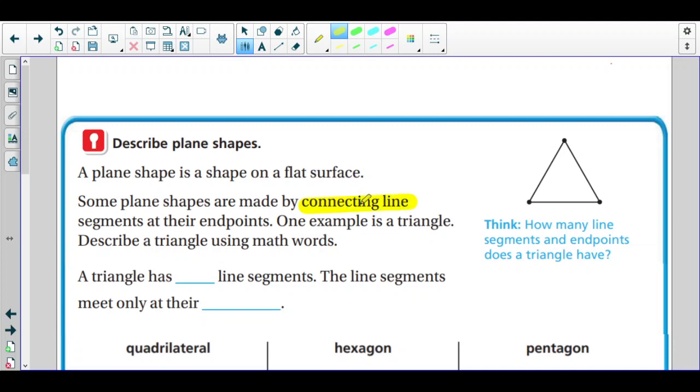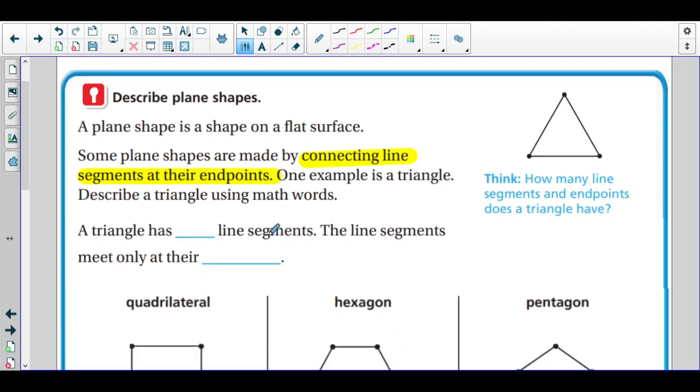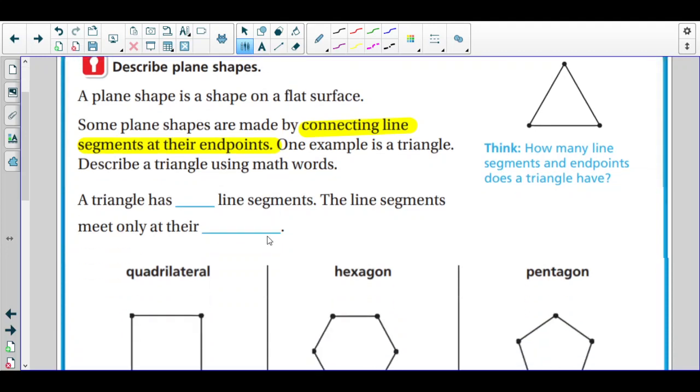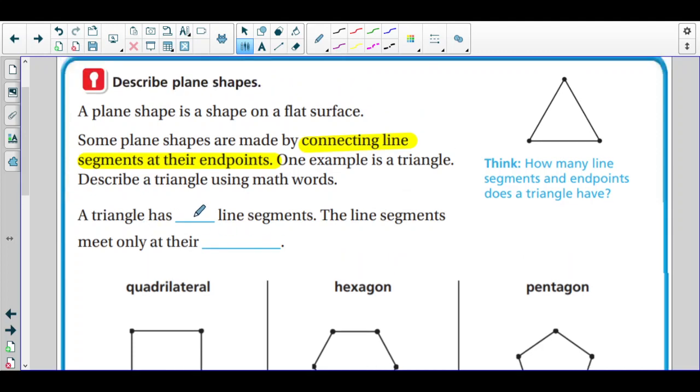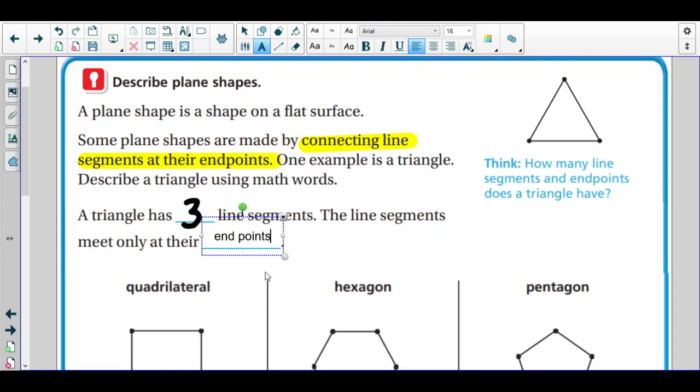Connecting line segments at their endpoints. One way is a triangle. So describe a triangle using math words. All right, so a triangle has 3 line segments. The line segments meet at their endpoints.